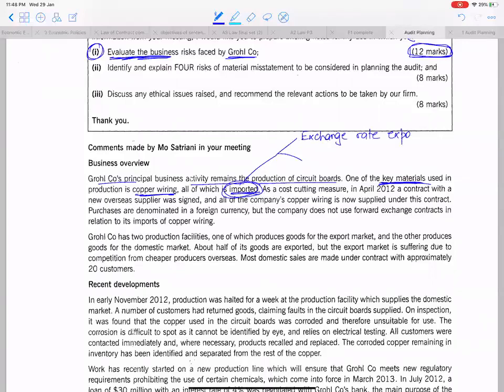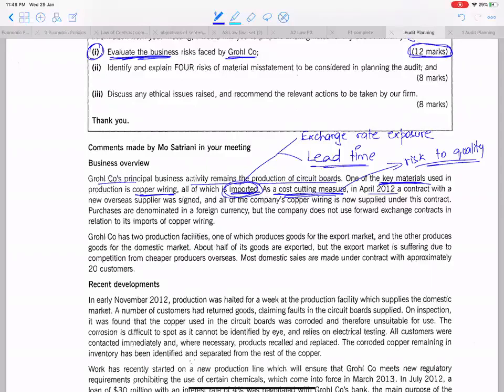There is exchange rate exposure, and the other problem is lead time. Because when you are importing from another country, there is always a risk that, due to a natural disaster, the goods may get delayed. As a cost-cutting measure, when you cut cost, always remember that there is a risk to quality.